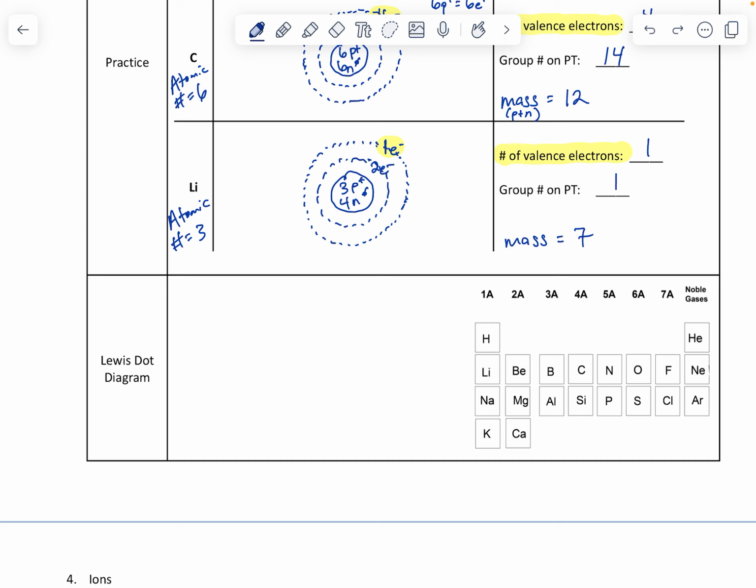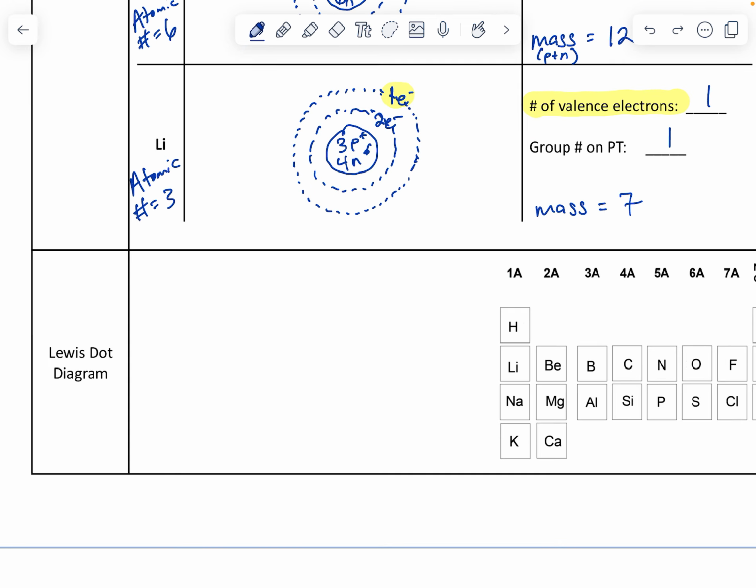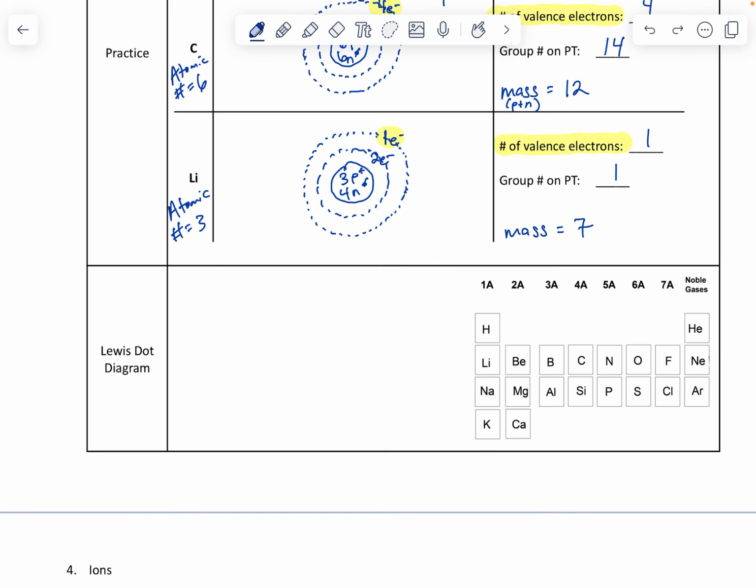And then, of course, we didn't talk about this in class, but we're going to talk about it when we meet next. We have these nice little Lewis dot diagrams.